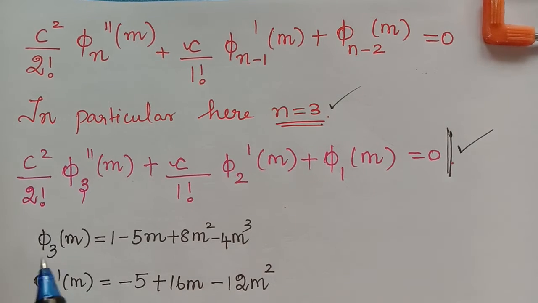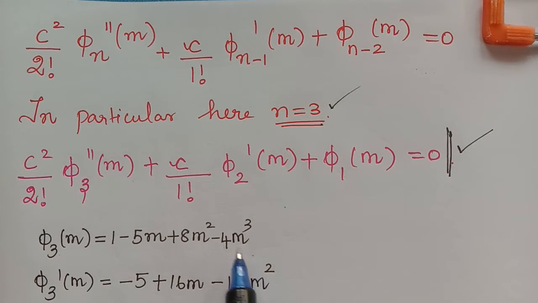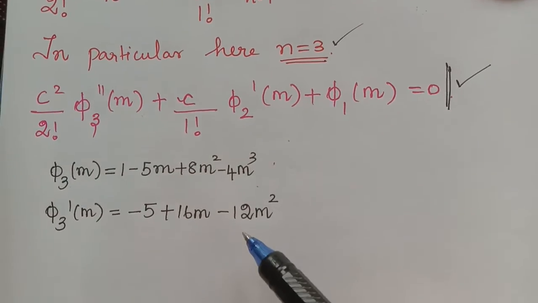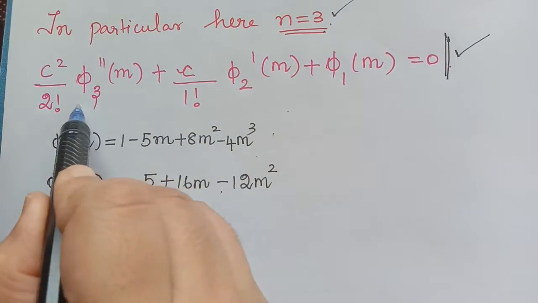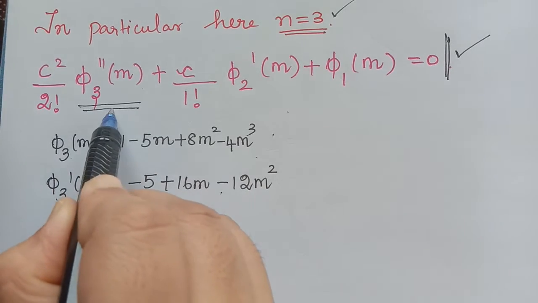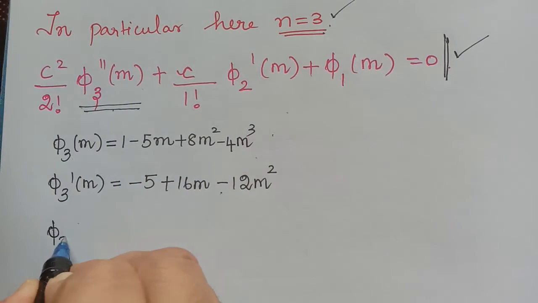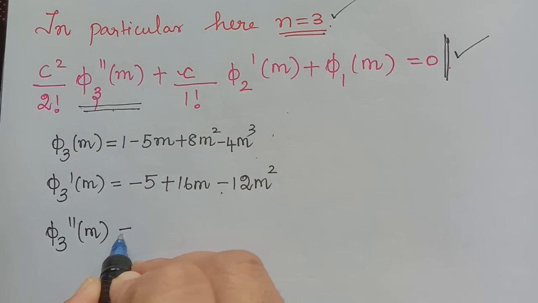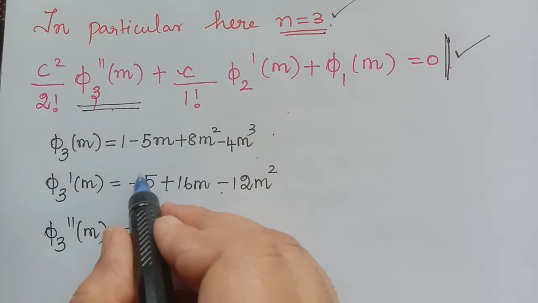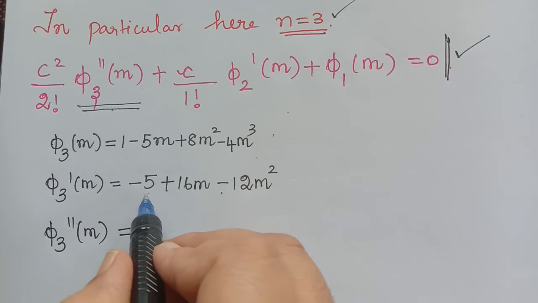Already we saw that phi 3 of m we already wrote, using which we have already found phi 3 dash of m. Now we need phi 3 double dash of m over here. So we have to differentiate this again. So phi 3 double dash of m is equal to, the differentiation of minus 5 is 0. It's a constant.